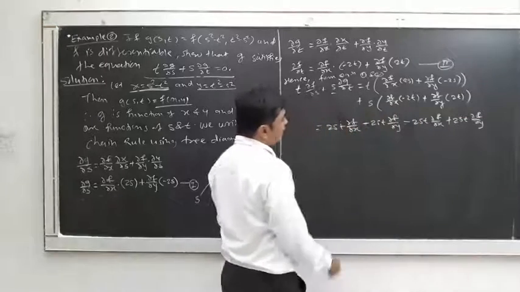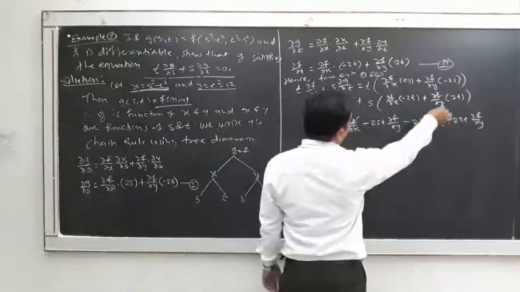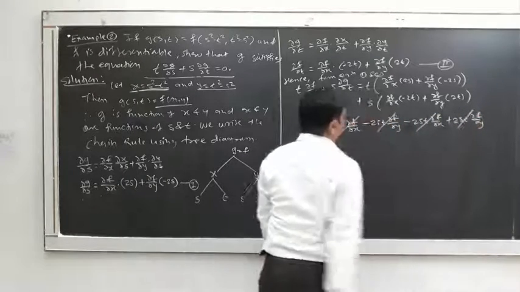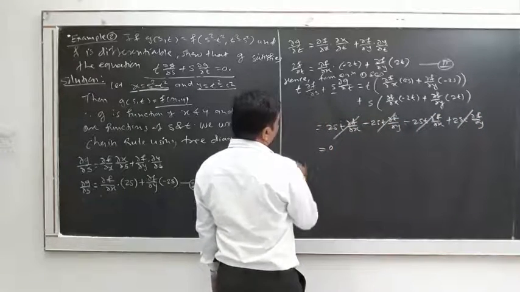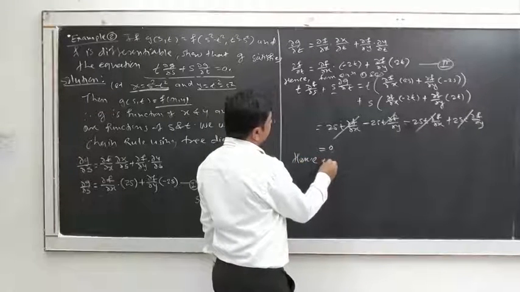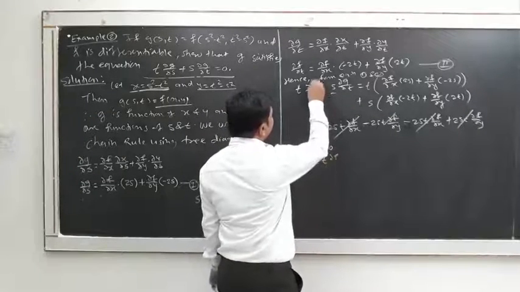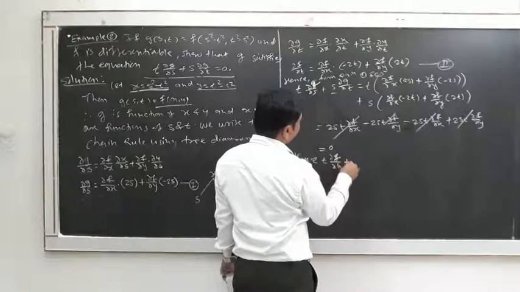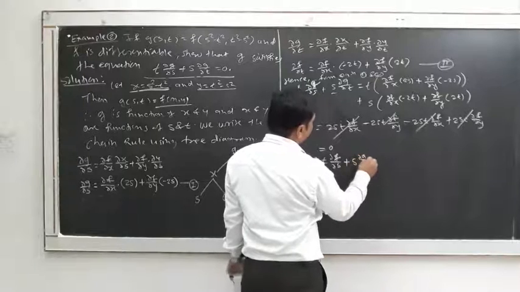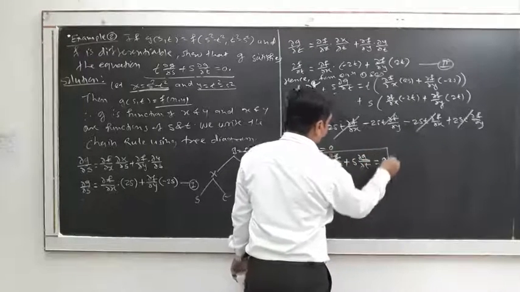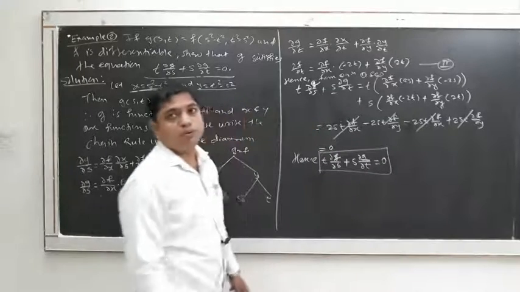Now we see this term will get cancelled with this term, and this term will get cancelled with this, and it is equal to 0. Therefore t ∂g/∂s plus s ∂g/∂t is equal to 0. Proved, we can say.